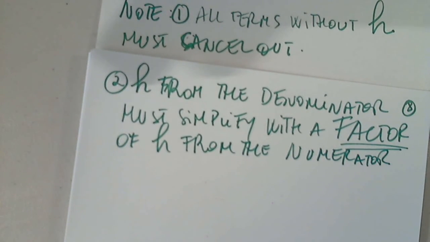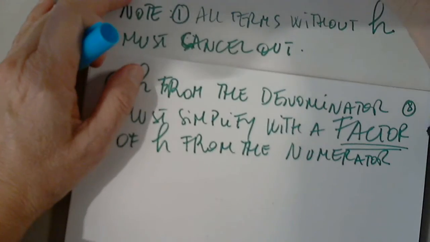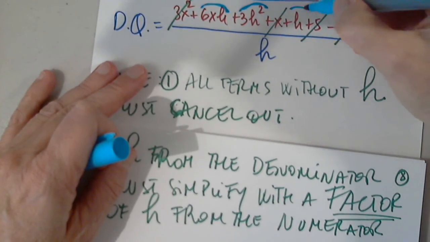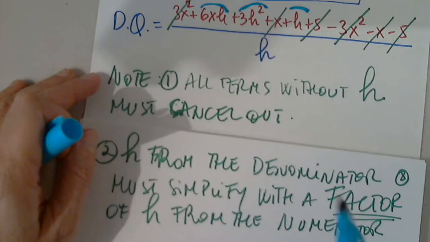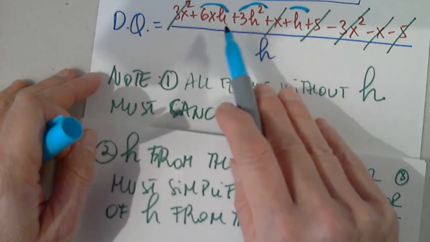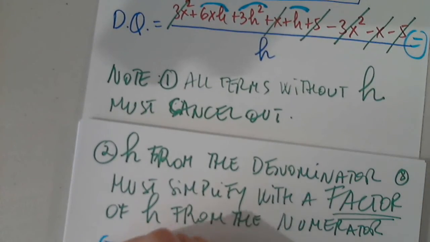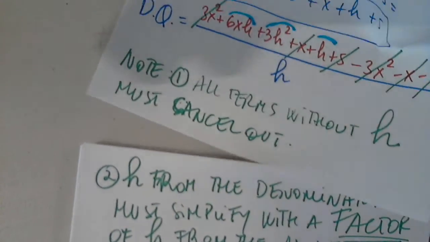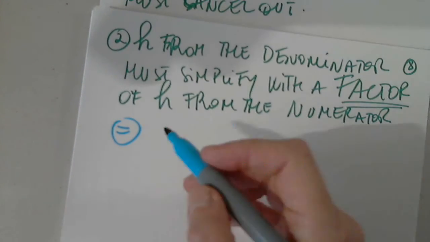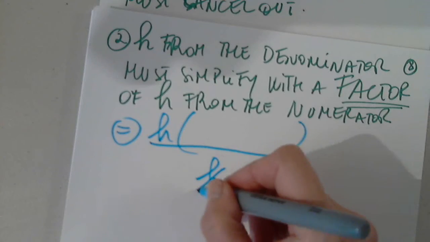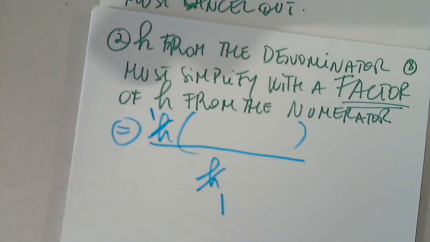Let's see if that's the case. Let's see first of all how many terms are left. So I have 1, I have 2, and I have 3 terms left. All of them have h in common. I will factor out h from all 3 terms. And then I can simplify, not before.